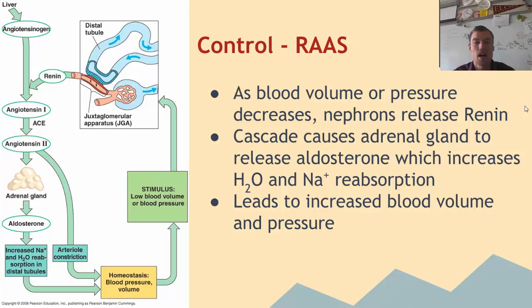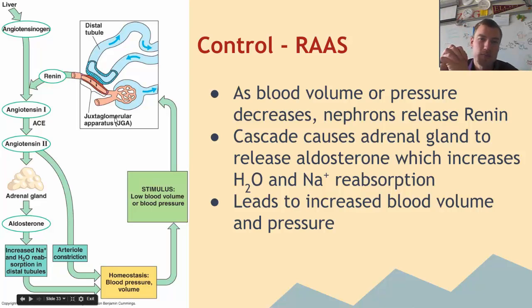The other system is the RAAS system or the RAS system. Basically what happens is that as your blood volume or blood pressure decreases, the nephrons themselves are going to be able to release renin, and there's a specific part of the nephron that senses this decrease in blood pressure.